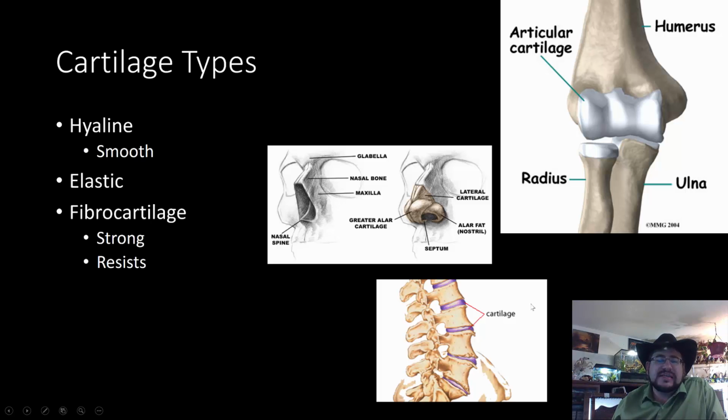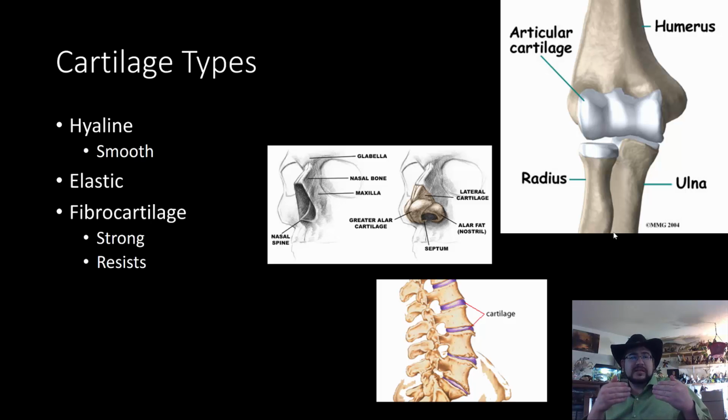They also resist tension. So, for instance, if you look at a human pelvis, where it connects up at the front, sort of right below your crotch, it's actually two bones that join together really tightly. And then there's fibrocartilage lining that joint.